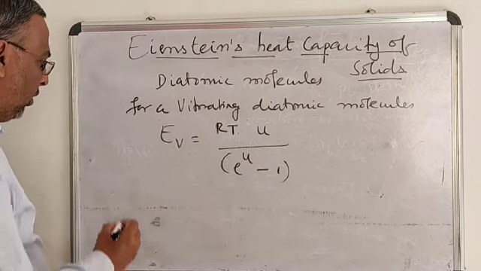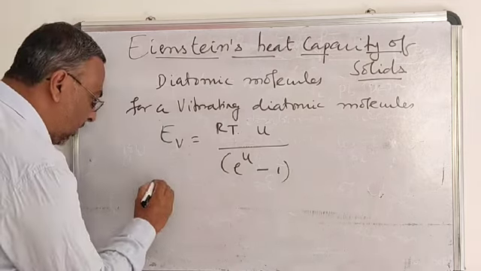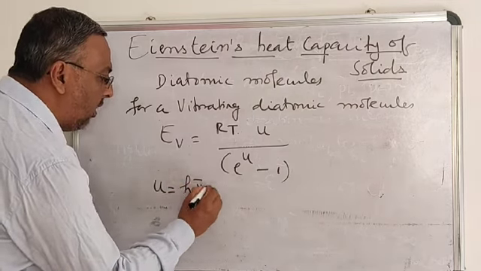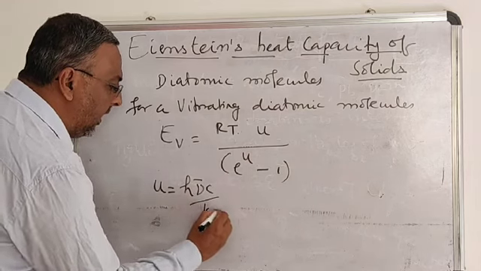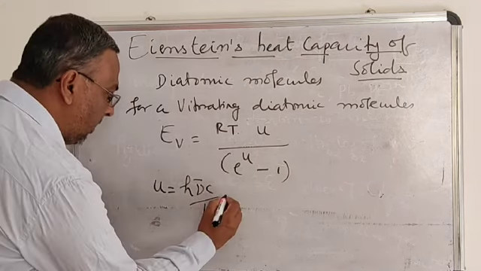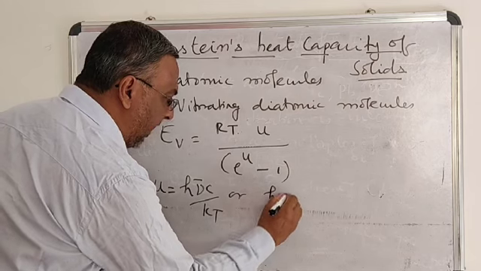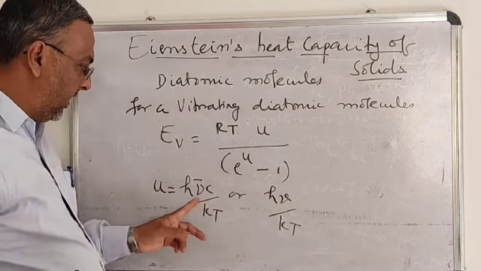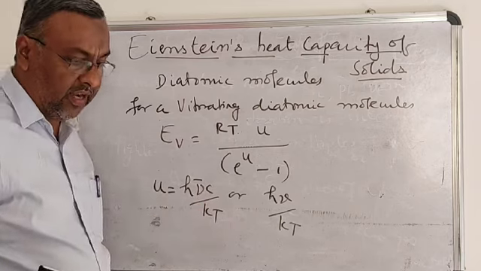What is U? We have already studied it. U is nothing but h nu bar c divided by kT, or h nu by kT. We know already that the frequency is nothing but wave number into velocity of light.